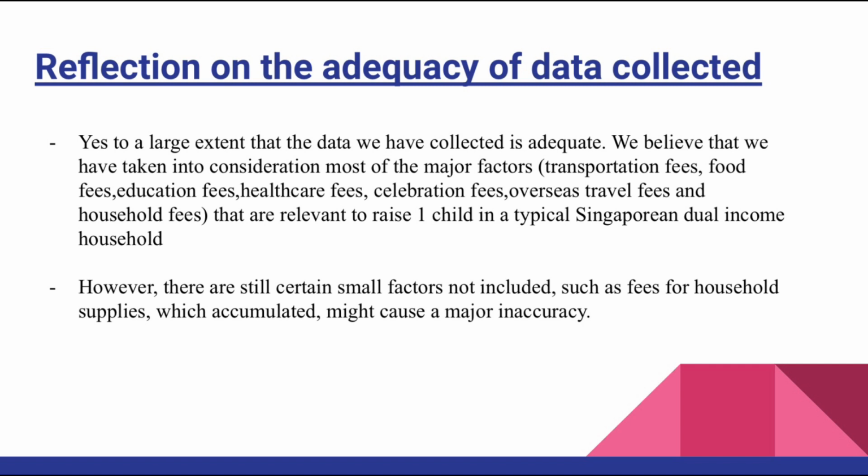On the adequacy of data collected, we think that to a large extent our data is adequate. We believe that we have taken into consideration most of the major factors, such as transportation fees, food fees, education fees, healthcare fees, celebration fees, overseas travel fees, and household fees, that are relevant to raise one child in a typical Singaporean dual-income household.